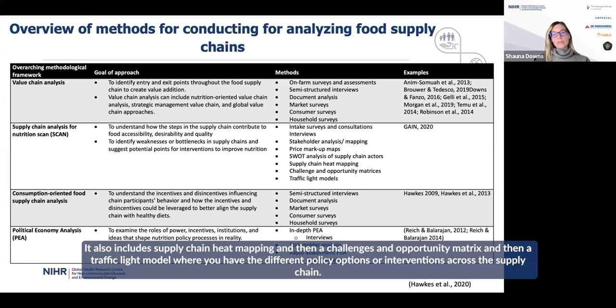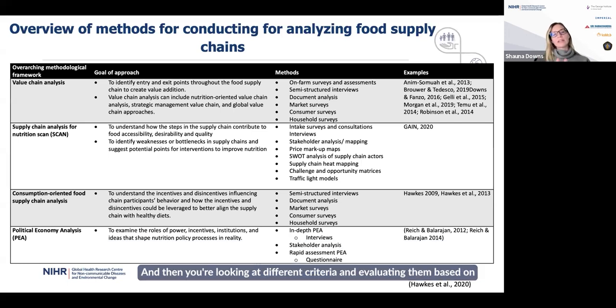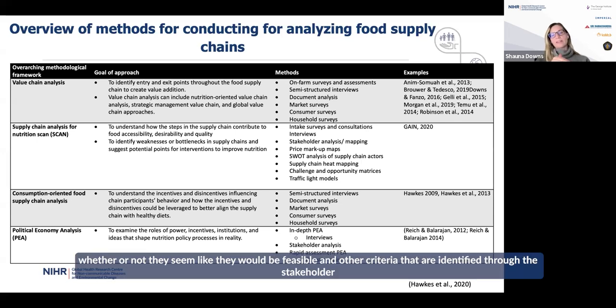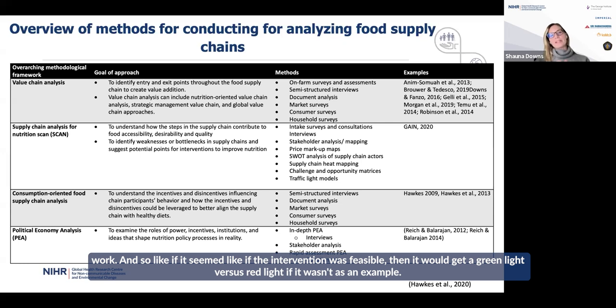It also includes a supply chain heat mapping, and then a challenges and opportunity matrix, and then a traffic light model where you have the different policy options or interventions across the supply chain. And then you're looking at different criteria and evaluating them based on whether or not they seem like they would be feasible, and other criteria that are identified through the stakeholder work. So if the intervention was feasible, then it would get a green light versus a red light if it wasn't, as an example.